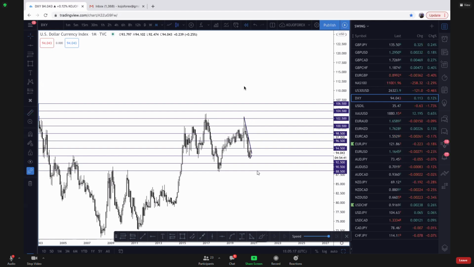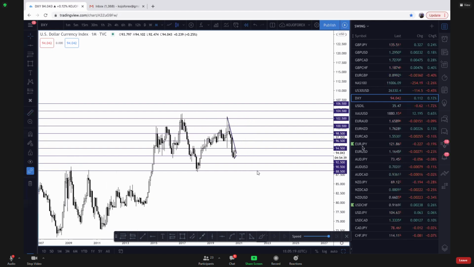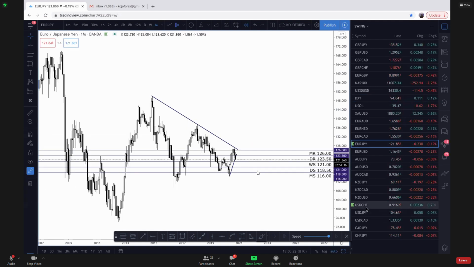All right. So from here, we're interested in looking at market structure, right? You must understand that the market obviously doesn't trend in one way, going all the way up or all the way down.